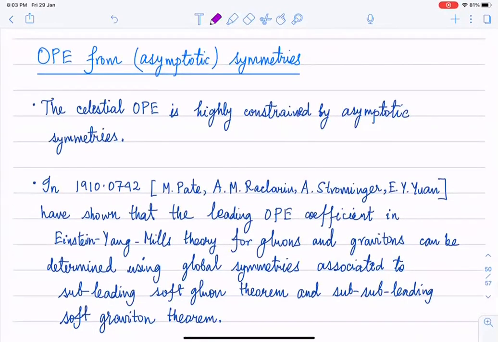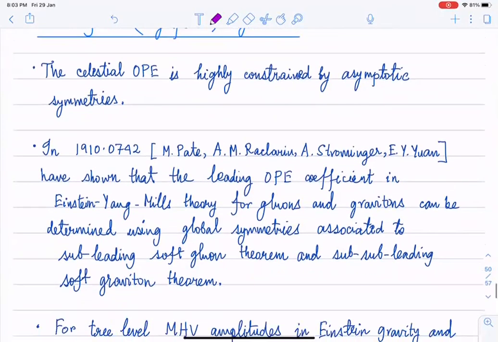For example, in the case of Einstein-Yang-Mills theory, that object can be completely fixed by symmetries, and the symmetries they used were global symmetries associated to the subleading soft gluon theorem in the case of gluons, and to subleading soft graviton theorems in the case of gravitons.